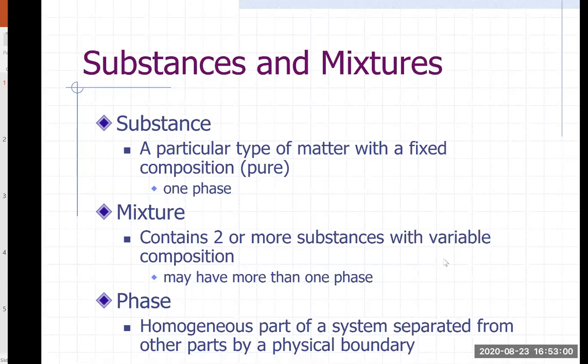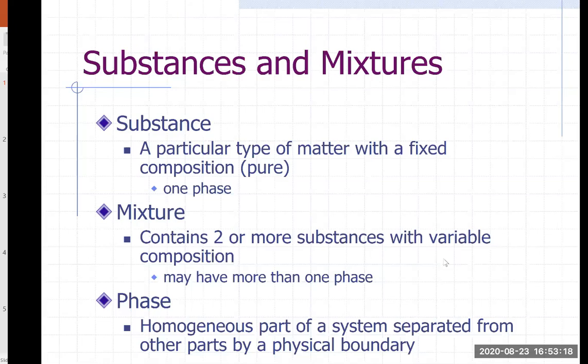So for example, if you mixed sodium chloride in water and you stir it with some kind of a stirring device, even a spoon if you're at home, and you look at that particular solution through a clear glass, you would only see one phase. That's homogeneous.